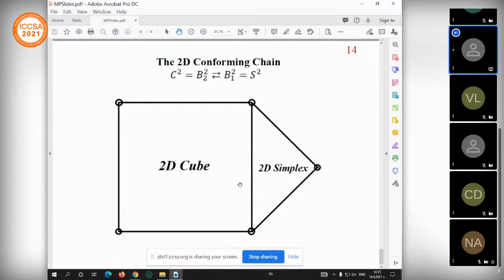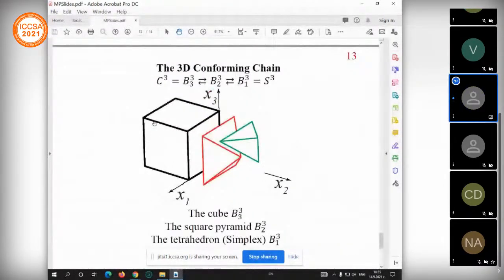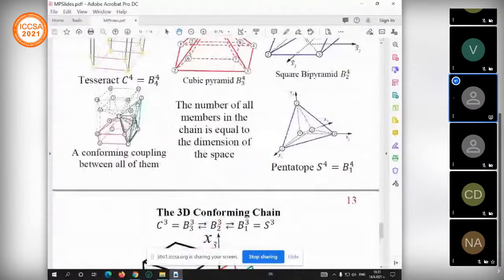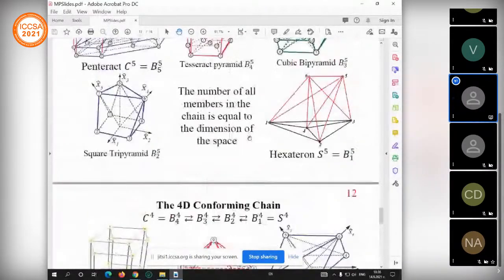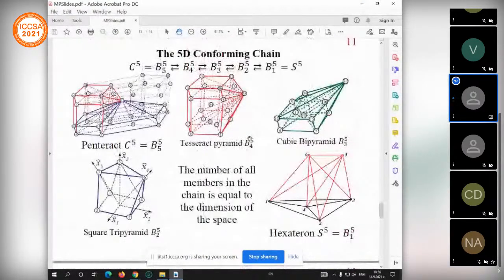In the two-dimensional case, the whole chain has only two representatives. In the three-dimensional case, there are three. In the four-dimensional case, there are four. And finally, in the five-dimensional case, the whole members are five.